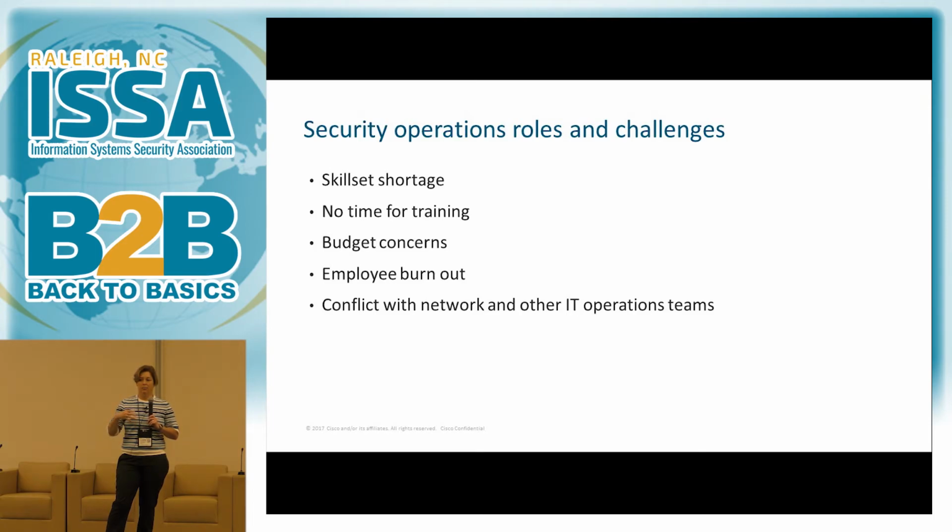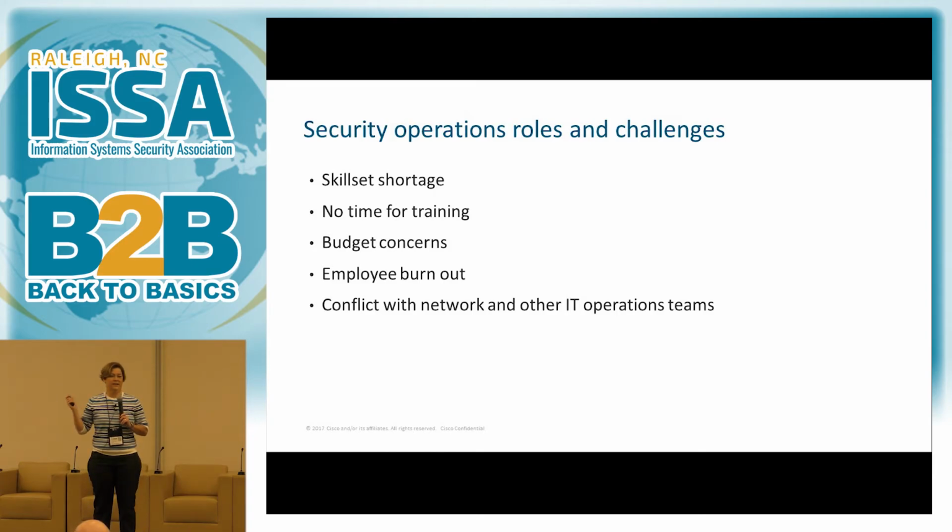So the black box solutions that our companies are giving us provide ease of use for our clients, but they give us no visibility. So when we talk about skill set shortage, no time for training, budget concerns, believe it or not, a lot of that stuff as a program manager I can fix.